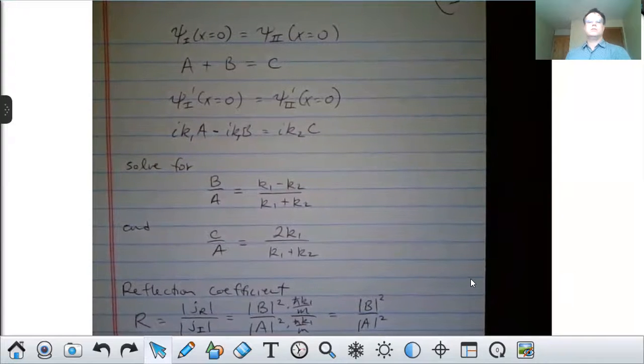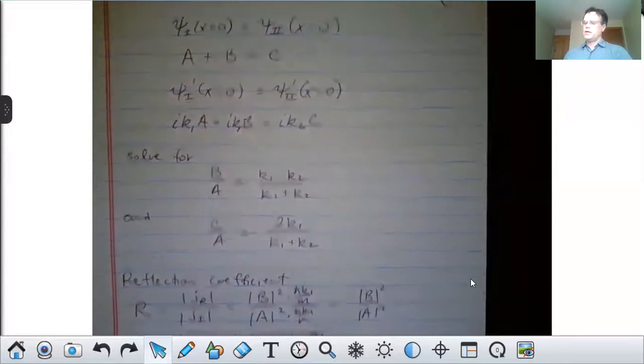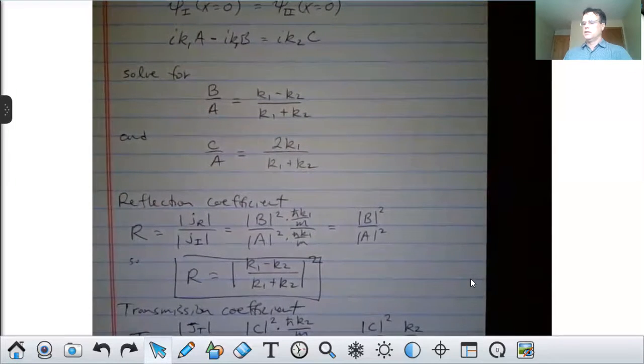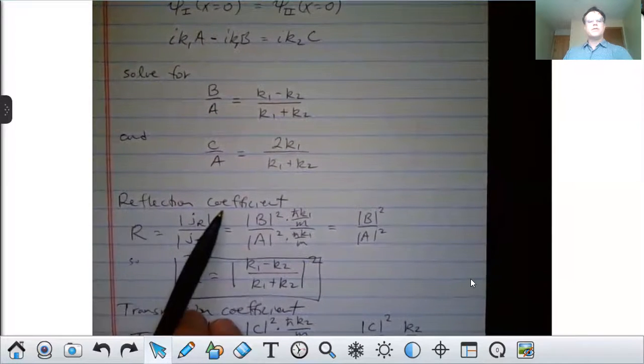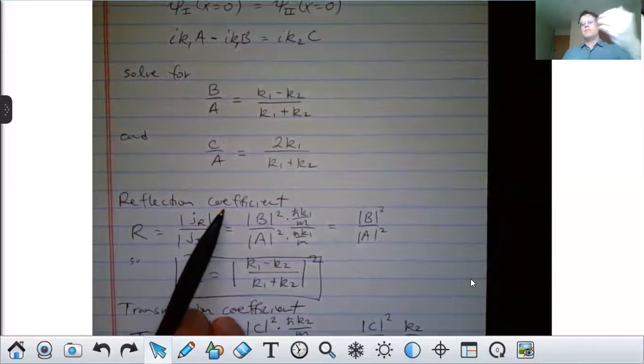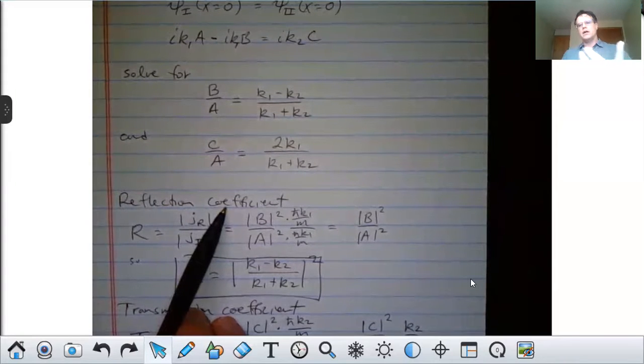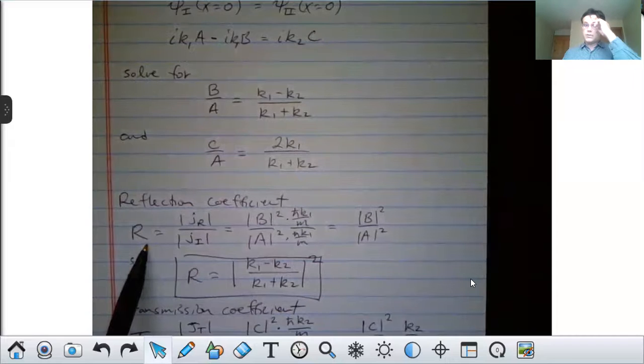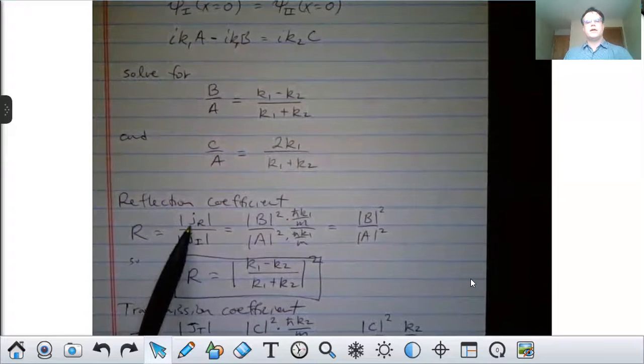Okay, now, once we have those relative probability amplitudes, we want to get the relative probability for reflection and transmission. So we'll look at the reflection coefficient. This is the probability that the beam or the particles are reflected. So I take my reflected current over my incident current.